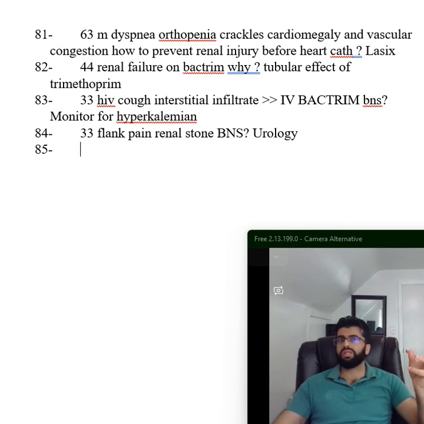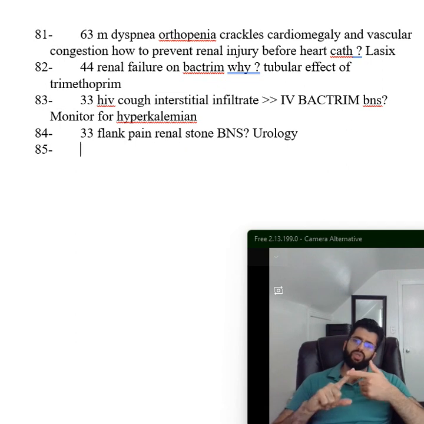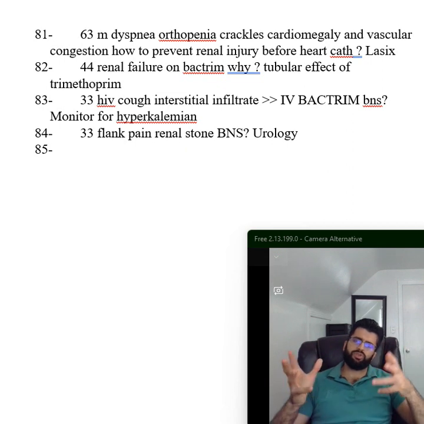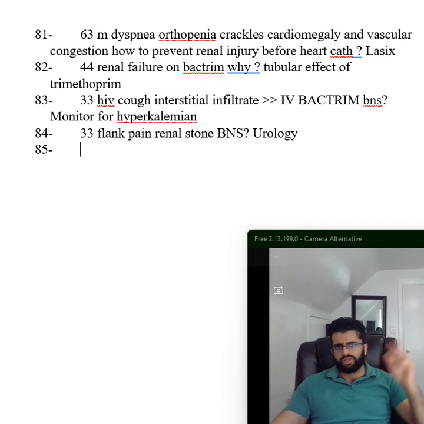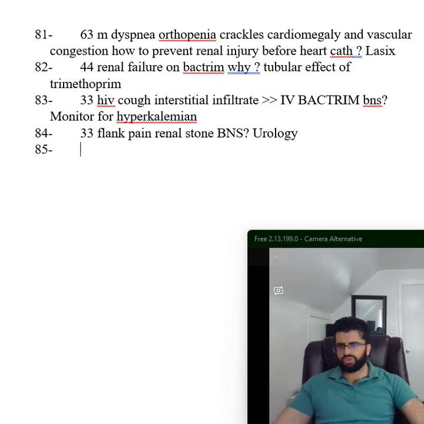If it's more than 10 millimeters, like in this case, you just consult urology. If it's less than 10 millimeters, you start with hydration, pain control, alpha blockers, and straining urine, and then you monitor symptoms. If there's still pain and the stone doesn't pass within 4 to 6 weeks, you consult urology.